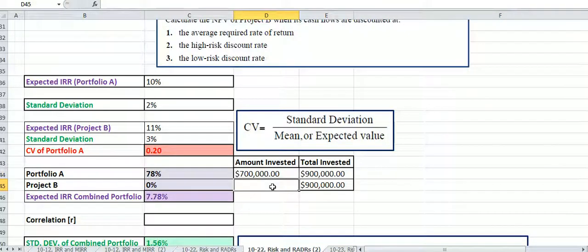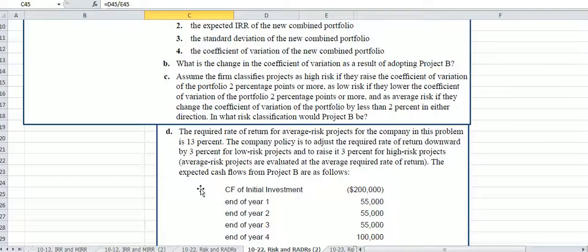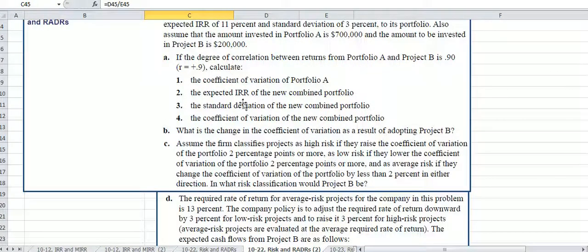I have a formula in here that divides the amount invested by the total, and that's going to give us our two weights. So now we have an expected internal rate for the combined portfolio of 10.22%.